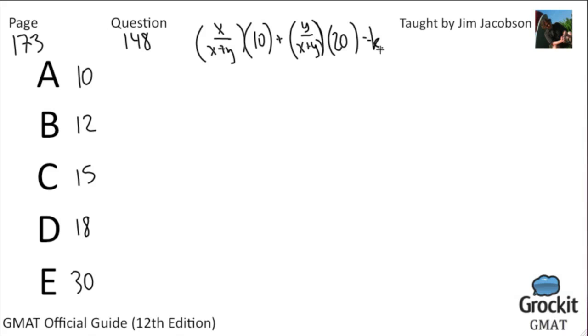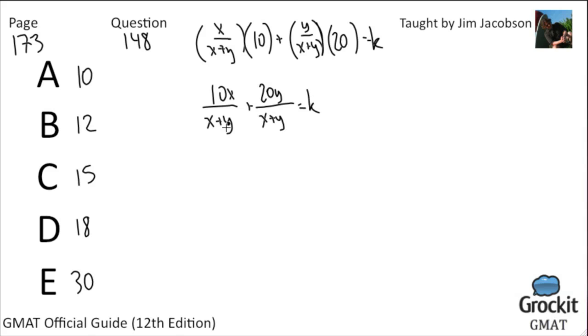So this problem is a big exercise in grouping like things together and making things look more alike. We can simplify these individual elements, and we will get 10x over x plus y plus 20y over x plus y equals k.